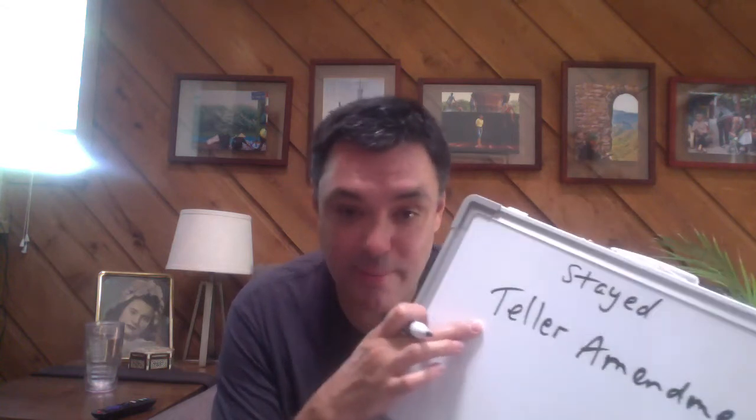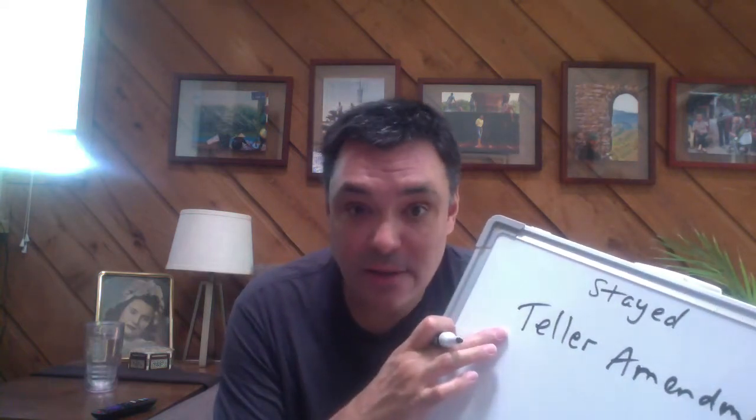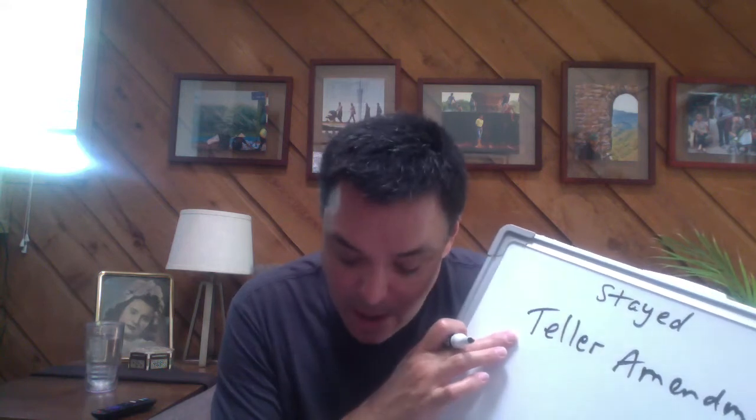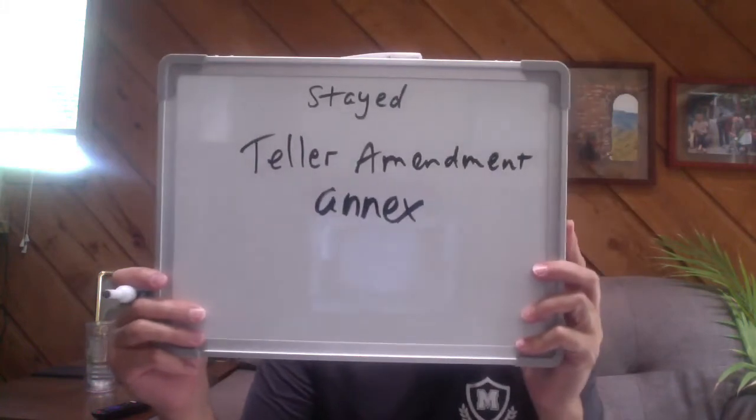It was before the war, in the spring of 1898. It said the USA would not annex Cuba. So remember, annex means a larger country makes a smaller country become a part of it. You're annexed.